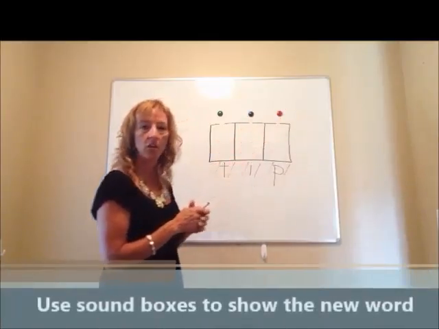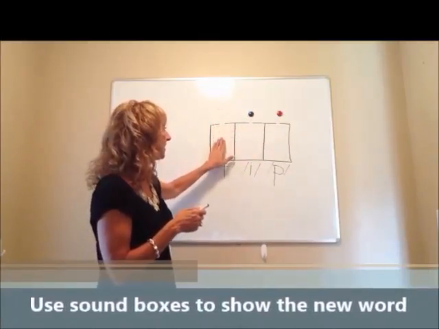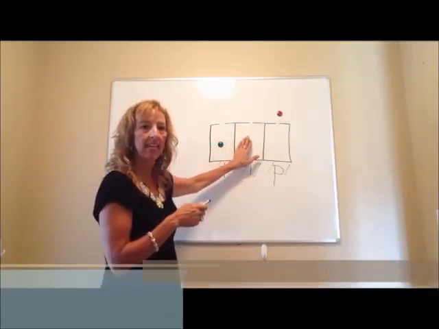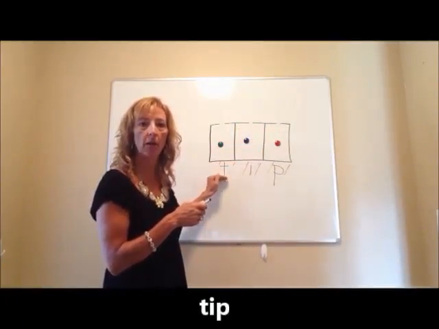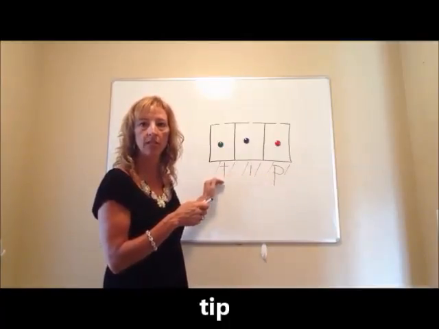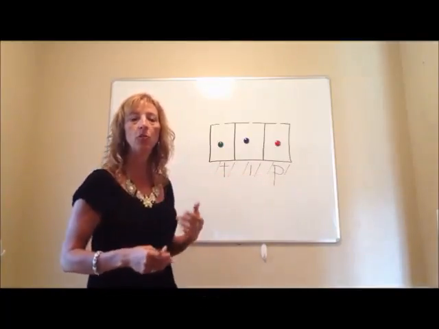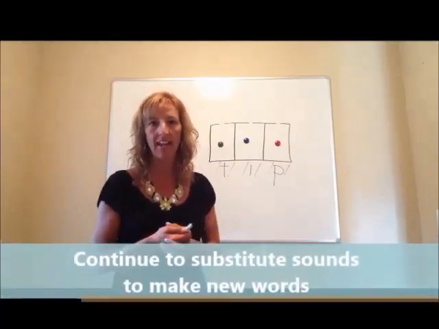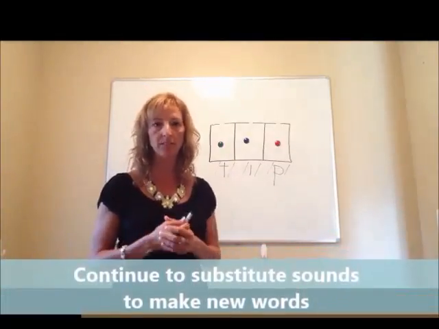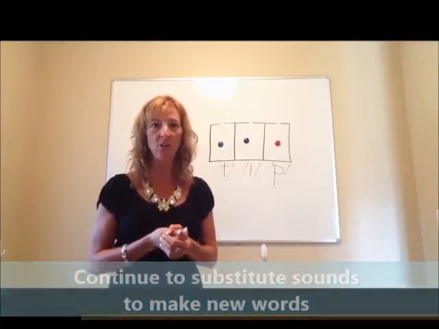Let's practice that new word together. T, i, p. I've changed the word from tin to tip. Continue repeating this with students and practicing with new words that you find as you continue to substitute sounds in words to make new words.